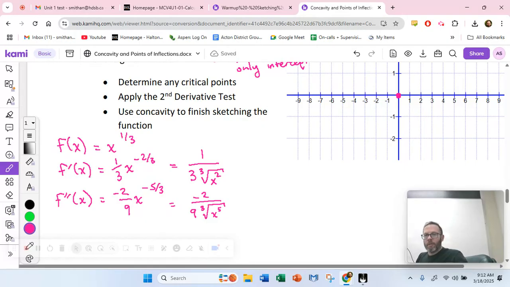Are there any critical points? While you guys discuss, I'm going to write the definition of a critical point here.